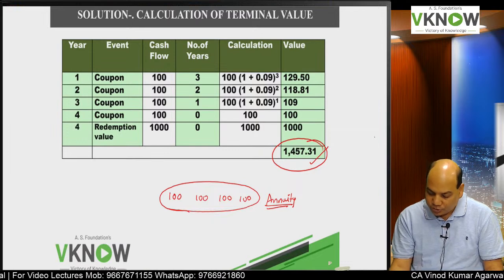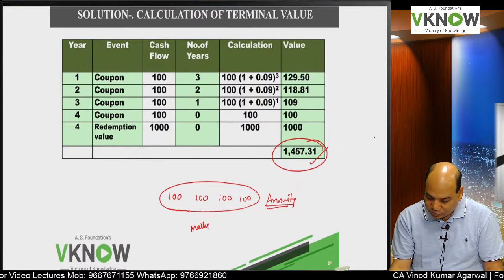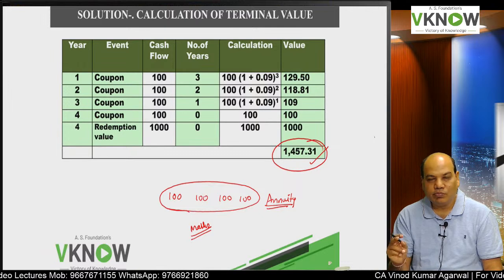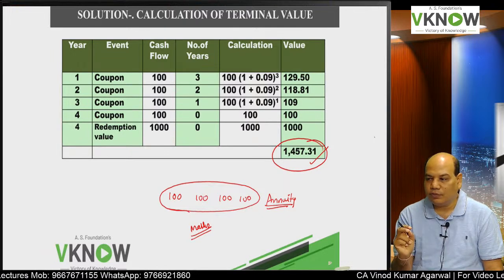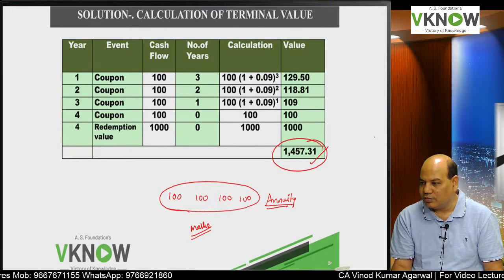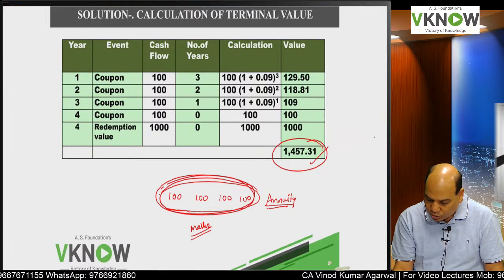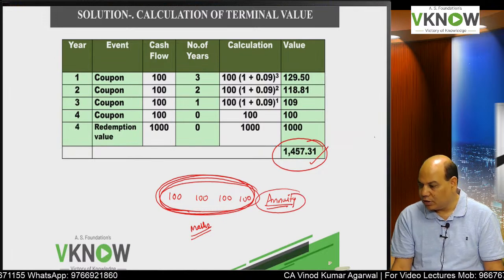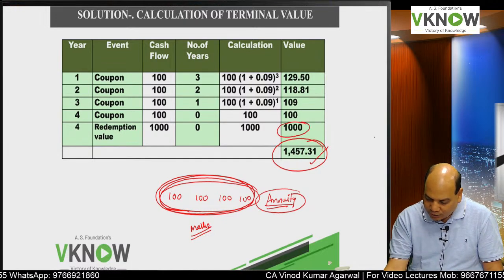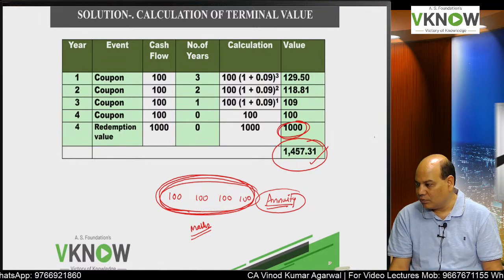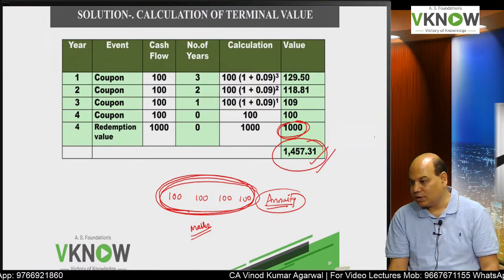In your maths class, time value of money chapter, you have studied one formula for future value of an annuity. So I can find out the future value of all annuities by applying the formula, and then I will add 1000 rupees, the redemption value.